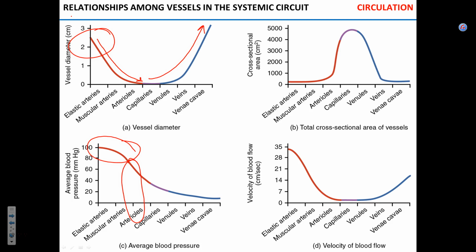So far, we good? Then look what happens. In capillaries and in veins, blood pressure drops, but not as much as it does in those resistance vessels. So the main drop in the blood pressure occurs in arterioles.